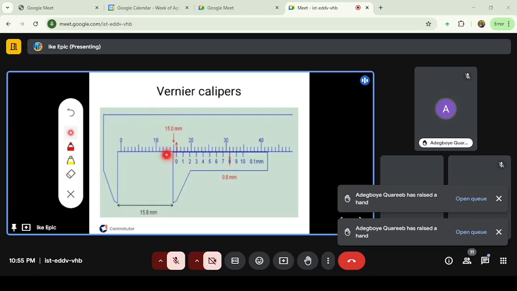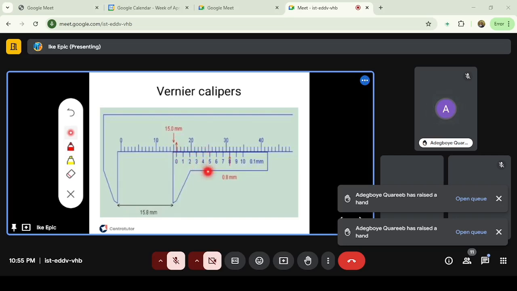Once you've gotten the main scale reading, the next thing you do is the vernier scale reading. You check where the vernier scale intersects with a reading on the main scale. Number one did not intersect well; it was almost intersecting, but it did not. Number two did not intersect at all. Number three did not. Number four, the same thing.